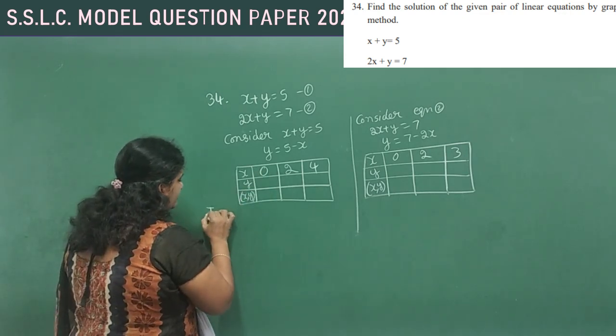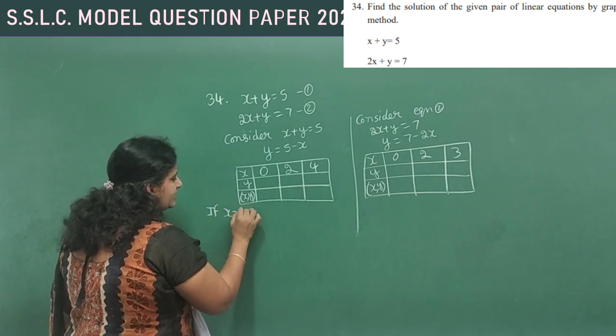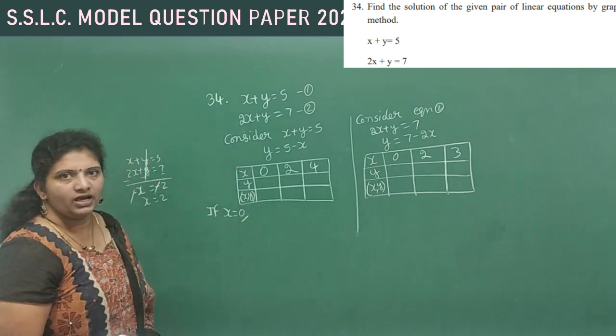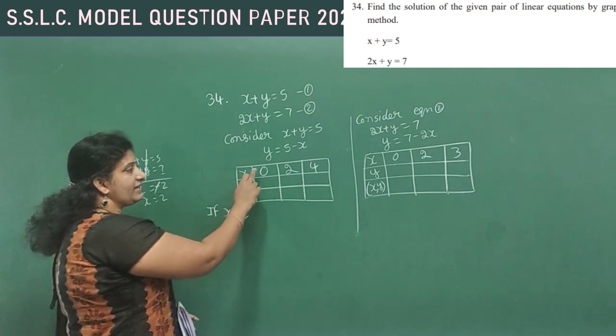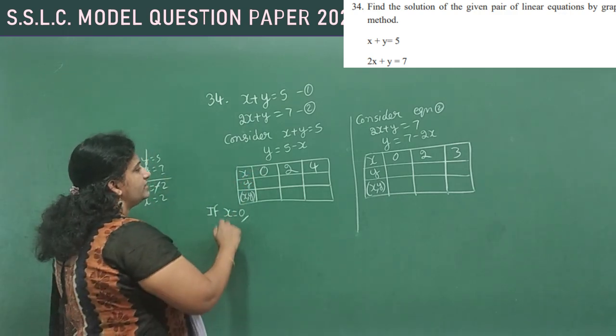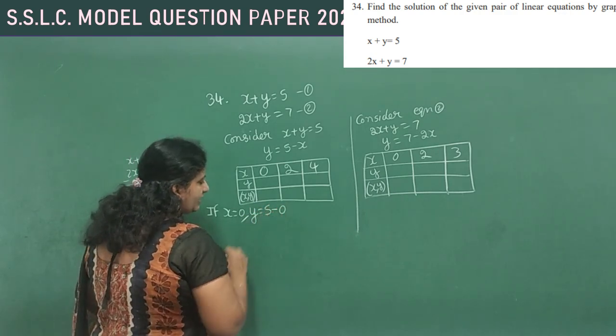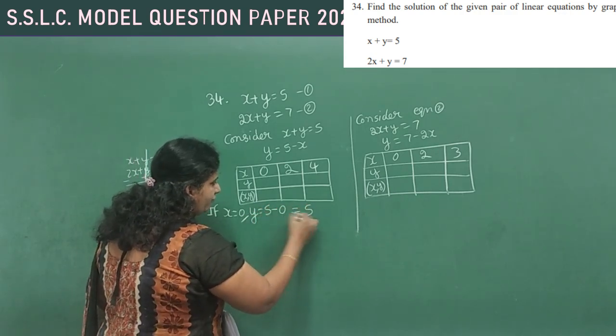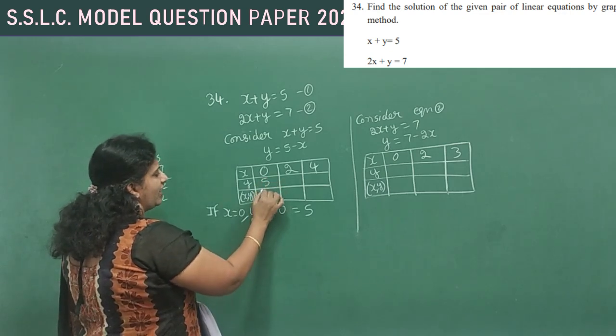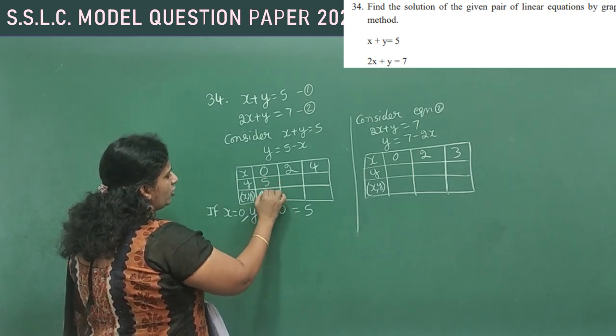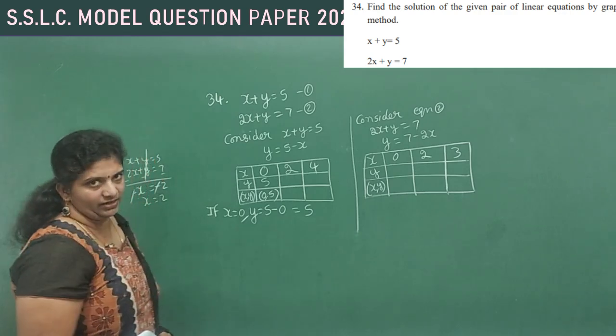Now, how to write this? If x is equal to 0. Observe properly. If x is equal to 0, substitute the x value in that. Y is equal to 5 minus 0. That will be 5. So write here 5. Coordinate is 0, 5.